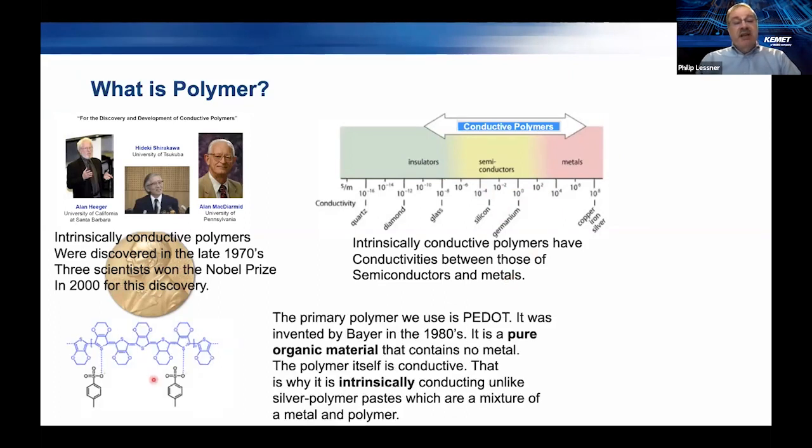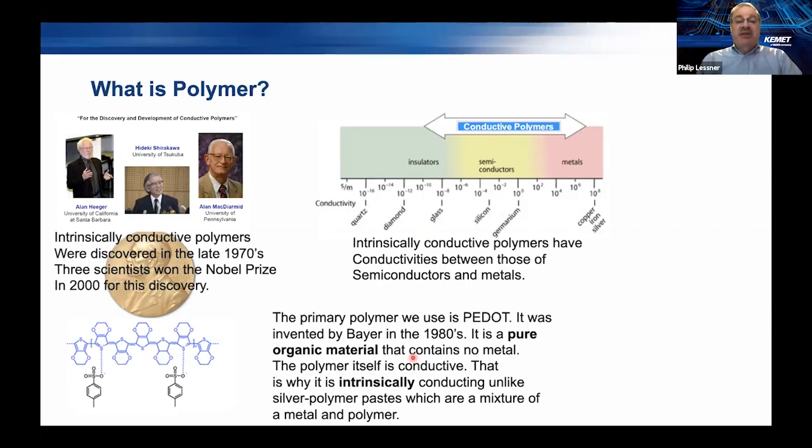The primary polymer that we use at KEMET, and the primary polymer used in capacitors, is called PEDOT, which stands for poly(3,4-ethylenedioxythiophene), so just call it PEDOT. It's a lot easier. It was invented by Bayer in the 1980s. I want to point out that this is a pure organic material that contains no metal.